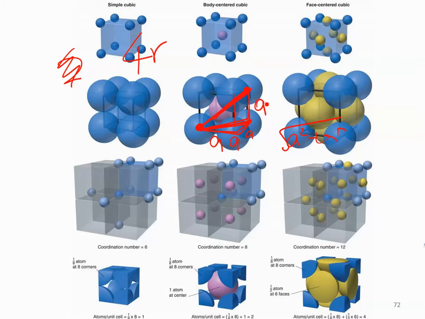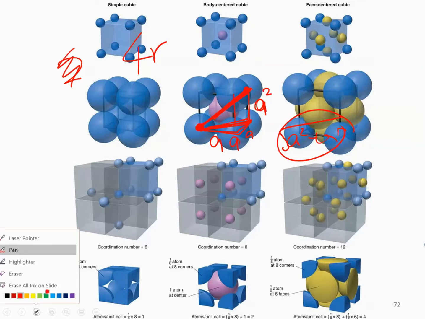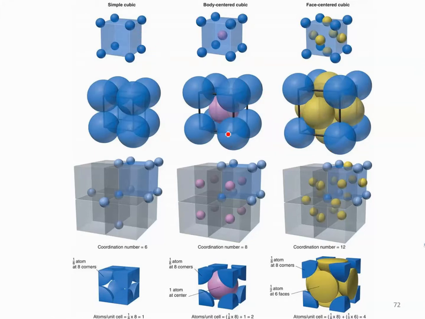So this is A squared plus this one squared, square root of it, then you get this one. I repeat again. Okay, you know that this is A, this is A, right? Then this is the square root of A squared plus A squared, this one.